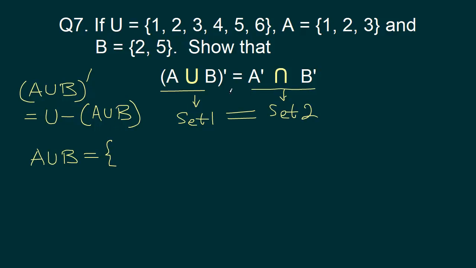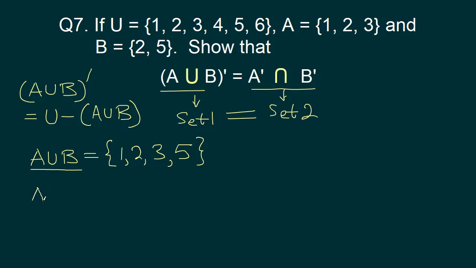A has 1, 2, 3. Now we write all elements of set B, making sure that we do not repeat. B has 2 and 5, but 2 is already written, so we simply write 5. So this represents A union B.